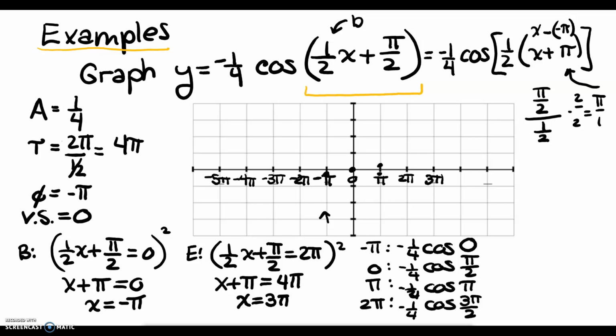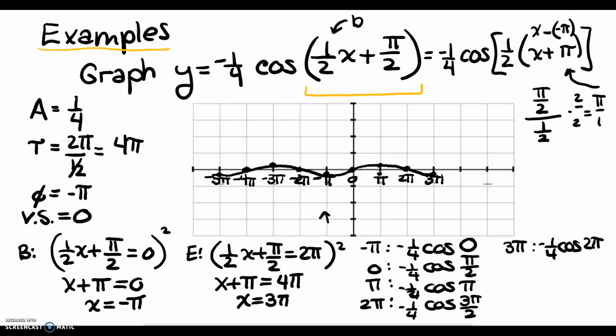And then at 3 pi over 2, I know that's 0, so I'll be right on the x-axis. And then when I plug in 3 pi, that will be negative 1/4 cosine of 2 pi, which is 1. So I'll be below the x-axis by a quarter. So this is a really flat curve. And I'll go ahead and reproduce that period over here.